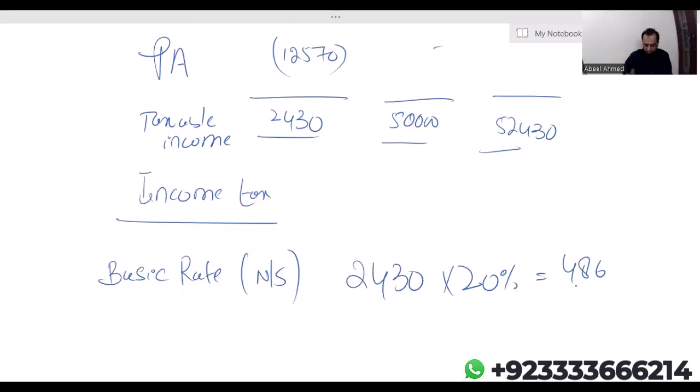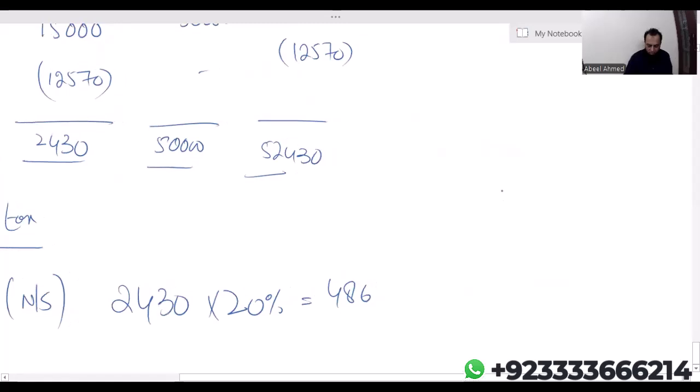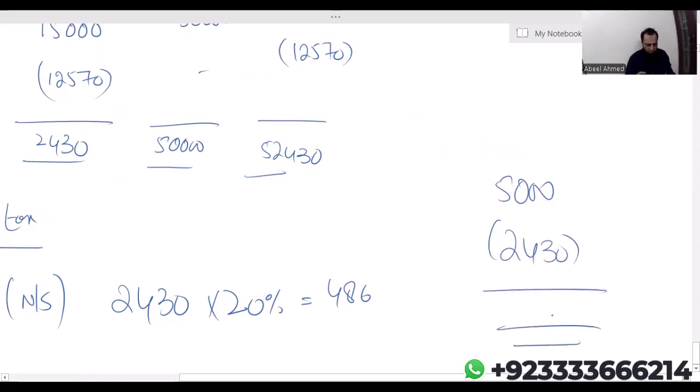How much starting rate band is available? Because the taxable income in non-saving is 2,430, the interpretation is 2,430 is utilized. Out of 5,000 starting rate band, deduct 2,430. How much is available?